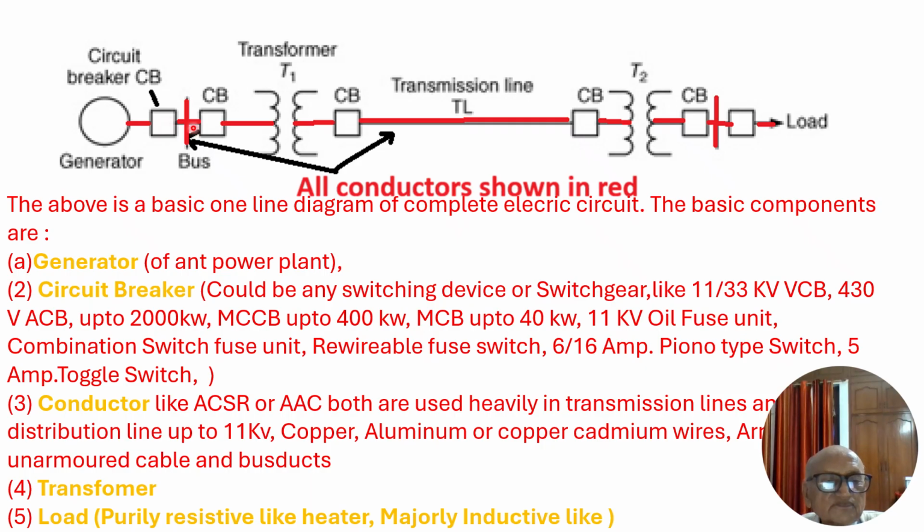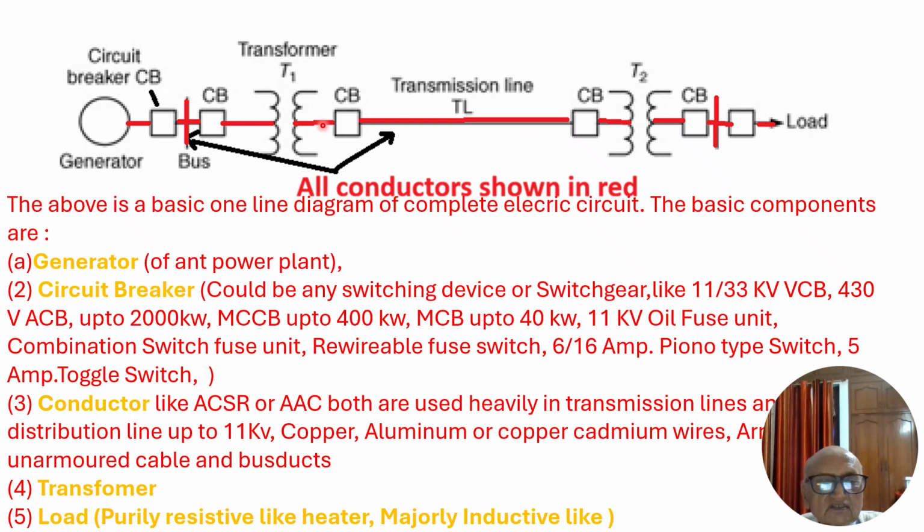Then we get buses in the form of conductor, and through conductor once again the circuit breaker installed before first circuit breaker, first transformer after generating, and this is a transformer which uploads from 11 to 13.8 kV to the transmission voltage, which may be as high as 400 to 750 or even 1100 in DC circuits.